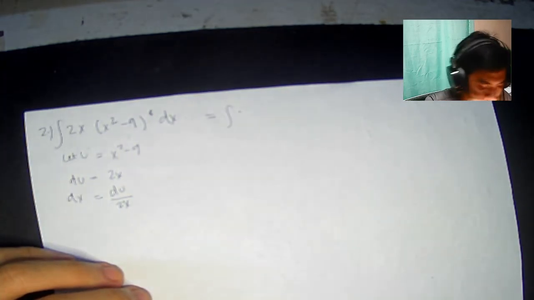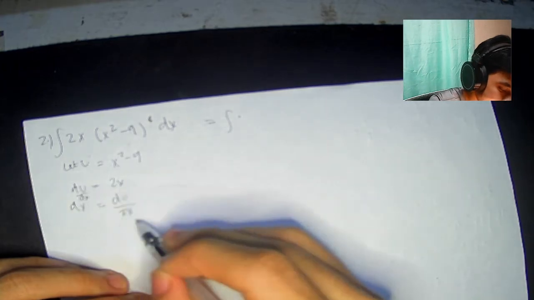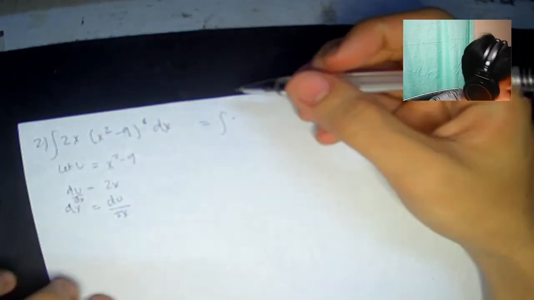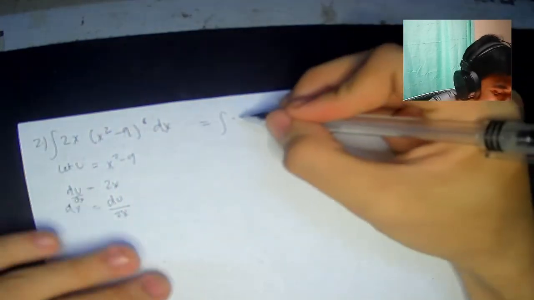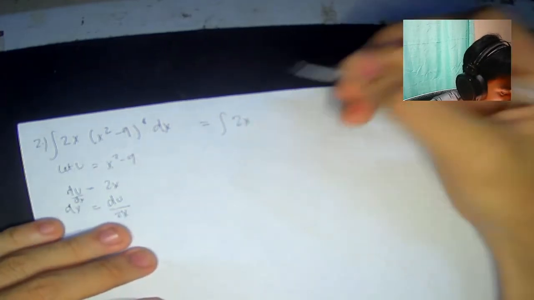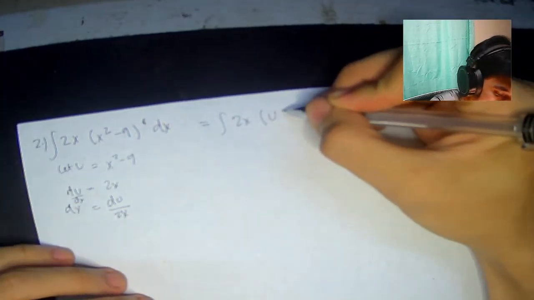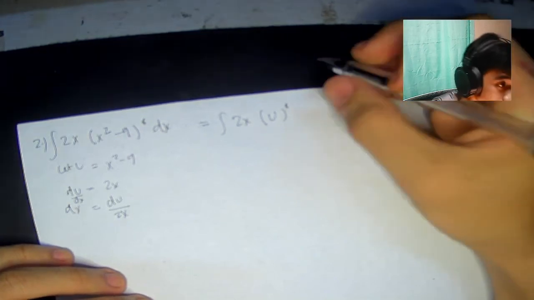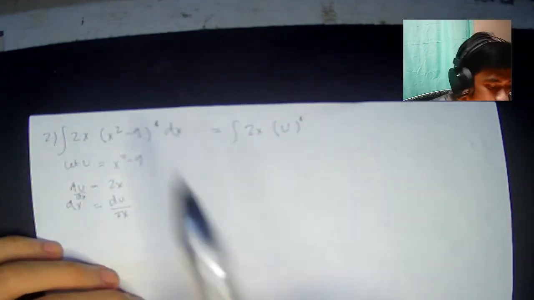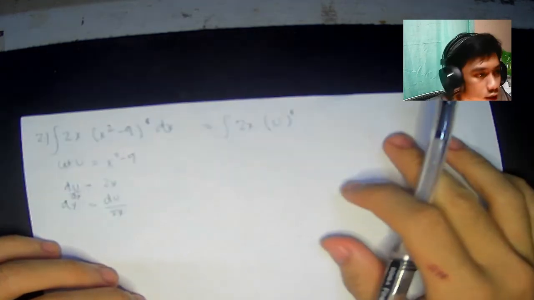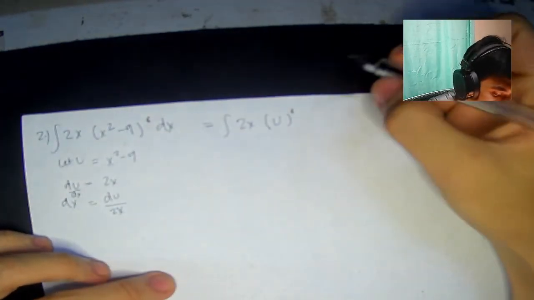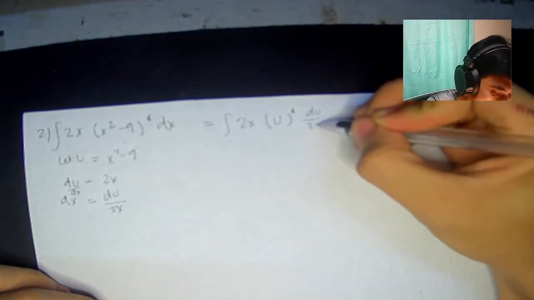So we should have du, dx here. This transforms our dx here to du over 2x. So start, copy 2x. So u to the 4, because we substitute x squared minus 9, so we'll have u to the fourth power here. Our dx is du over 2x.